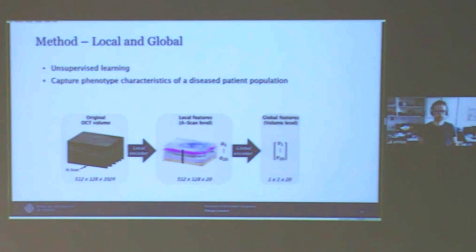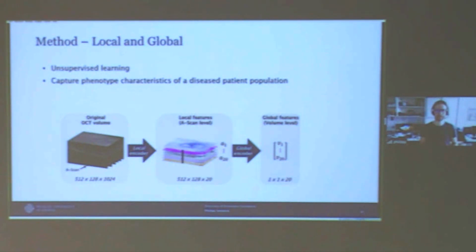In our OCT domain, again, we train the unsupervised autoencoder model to learn features on different levels. We called it local and global level. In the first stage, we learned a representation using autoencoders for each column of these volumes, so-called A-scans, meaning that we got a representation of a specific position of the retina.